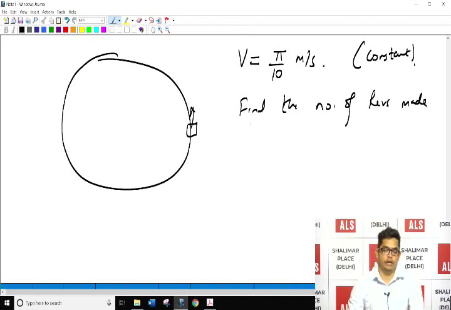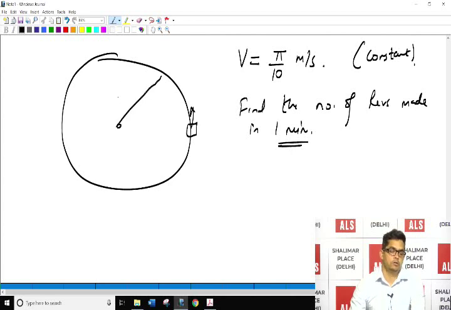The question is to find the number of revolutions made in 1 minute, given that the radius is 15 meters. So calculate the number of revolutions made in 1 minute.